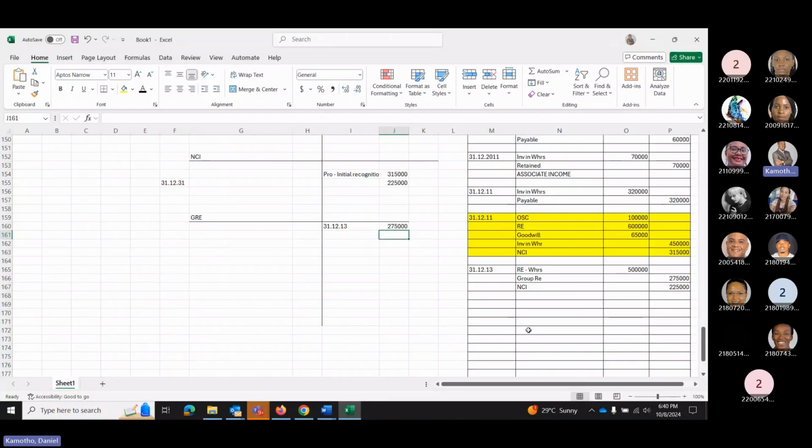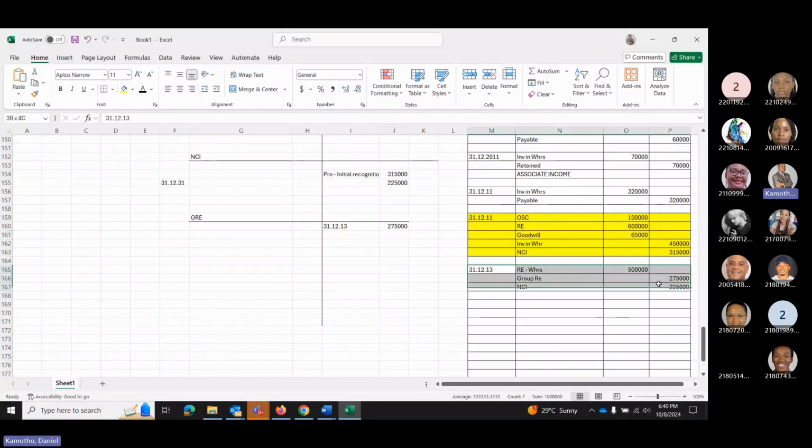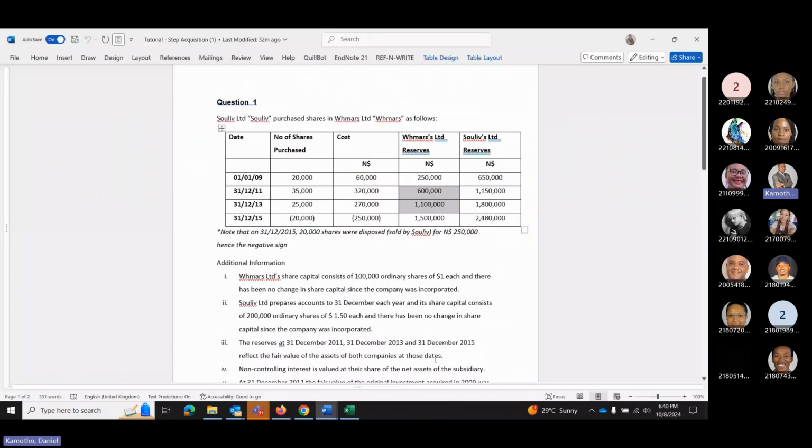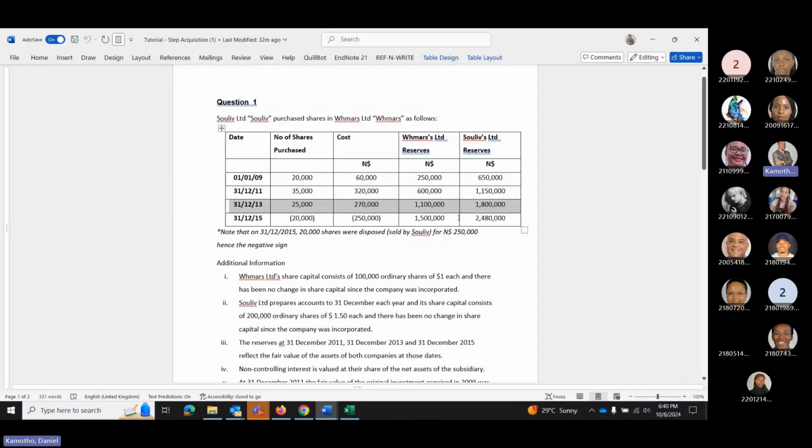Now, on the 31st of December, and that is where the gist of the matter is, let's go to the question. We are being told that everything earned up to that date, the group was 55% and the NCI was 45%, because the group was 20 plus 35, that is 55%, therefore NCI was 45.